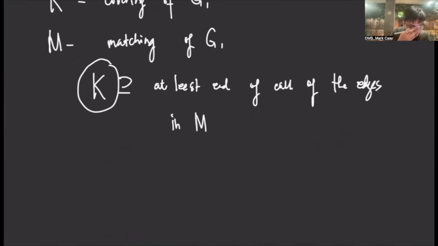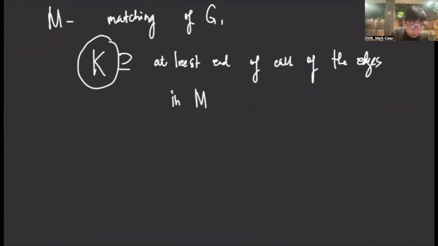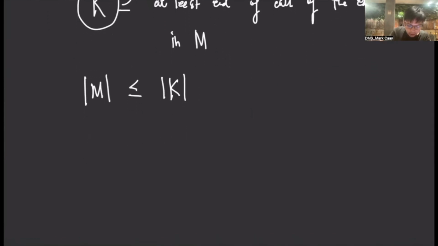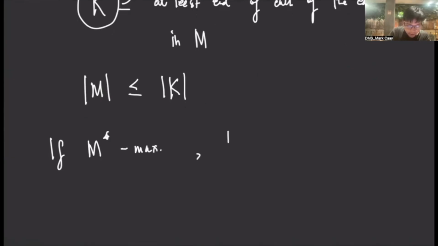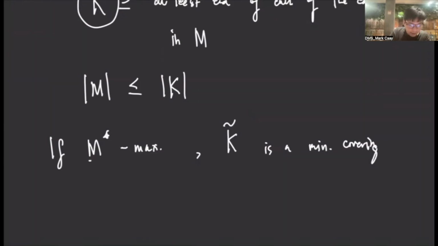So in this case, yung cardinality ng M mo is always less than or equal to the cardinality of K. And if your M star is the maximum matching, and let's say K tilde is a minimum covering, okay? Take note, yung M star is a maximum and the K tilde is a minimum.